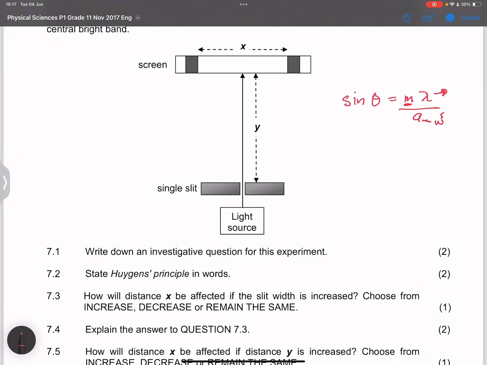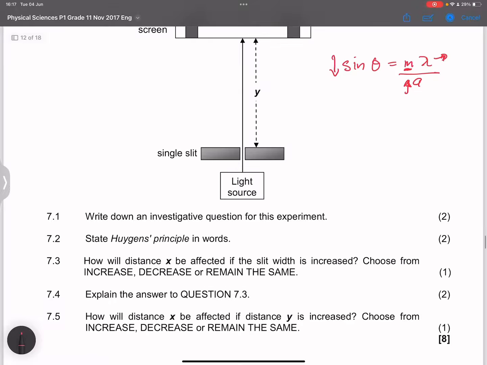Now notice that it is in the denominator. If we increase the slit width, it means that we are going to decrease the sine of theta, meaning that our angle will get narrower or smaller. So they said to us, if it is increased, then we know that it will decrease.